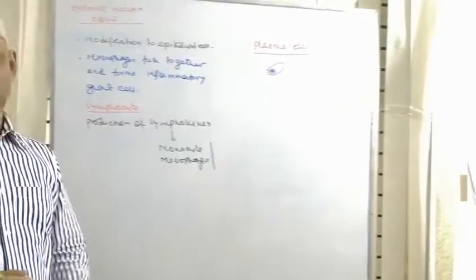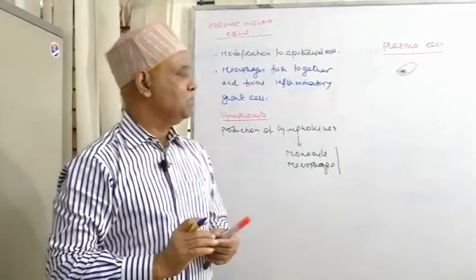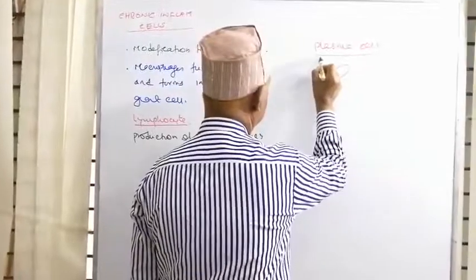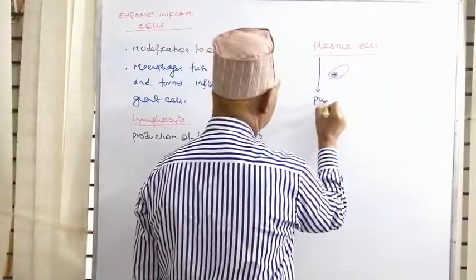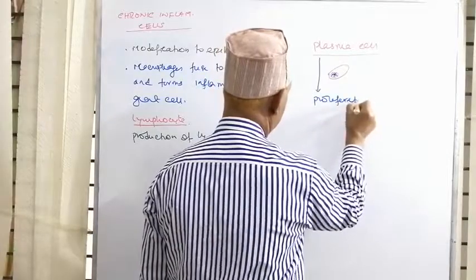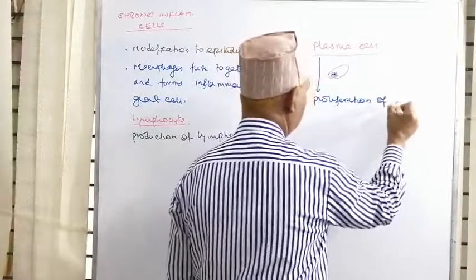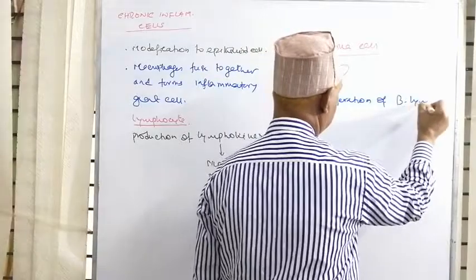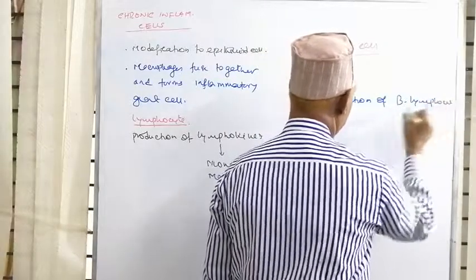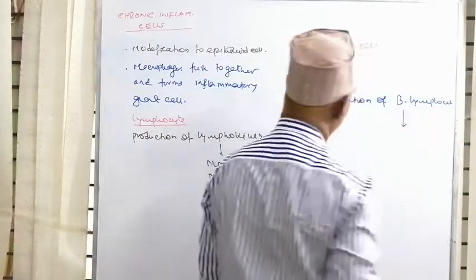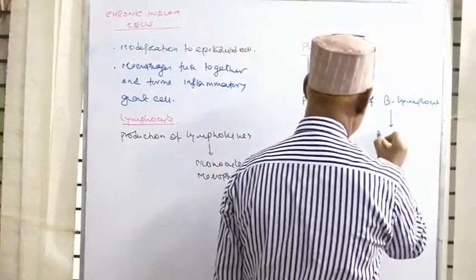The plasma cell is derived from the proliferation of B lymphocytes, and from the proliferation of B lymphocyte we get plasma cell.